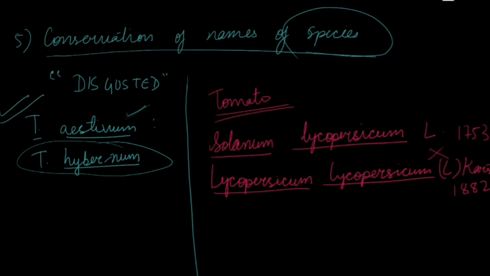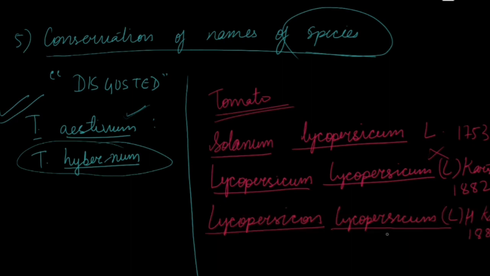But even then, Nicholson gave an orthographic variation of that. He suggested to call it Lycopersicon. Lycopersicon is practically not a tautonym because there is a variation in spelling, which is also called orthographic variation. It is no longer a tautonym, and it is accepted as a correct name.